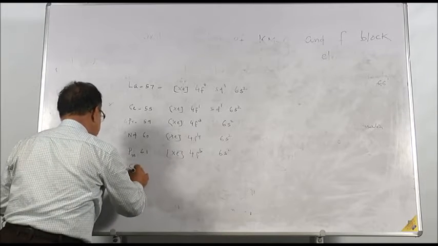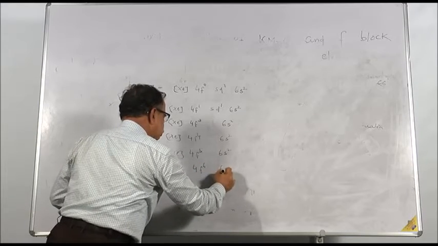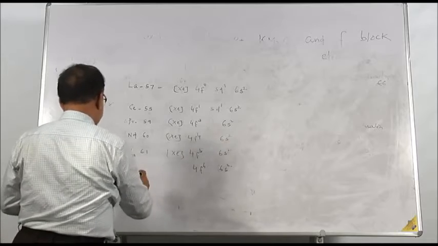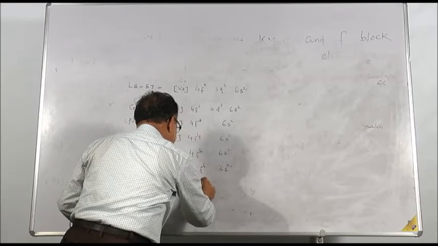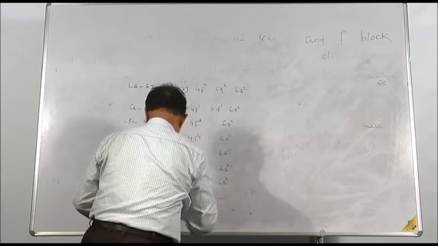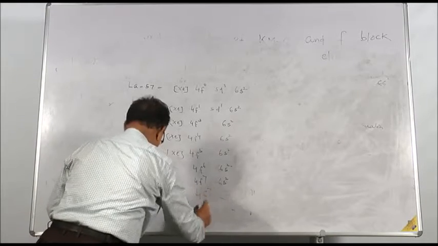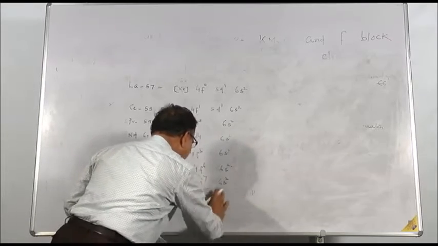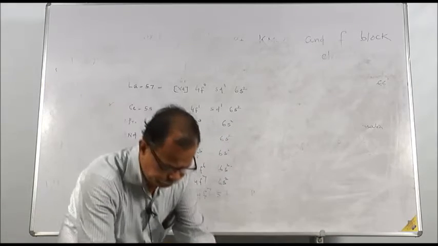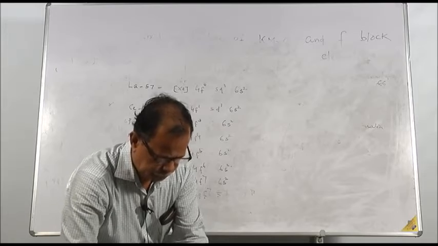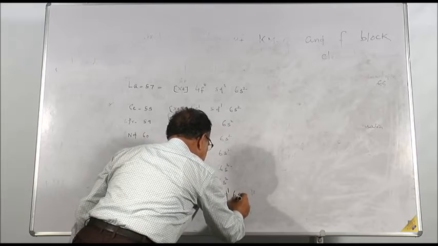Sm will be 4f6 6s2. Eu gives 4f7 6s2. Then gadolinium Gd, 4f7 5d1 6s2.